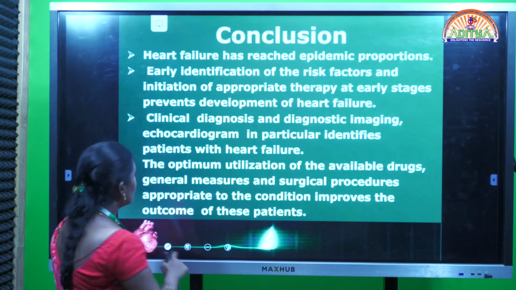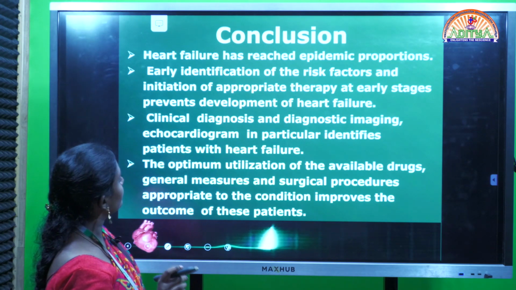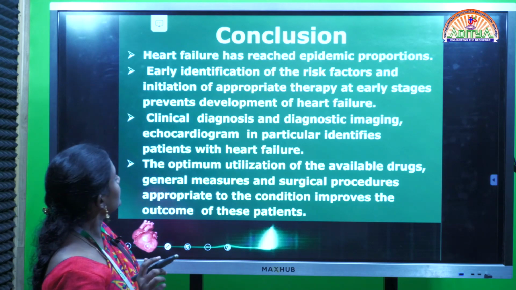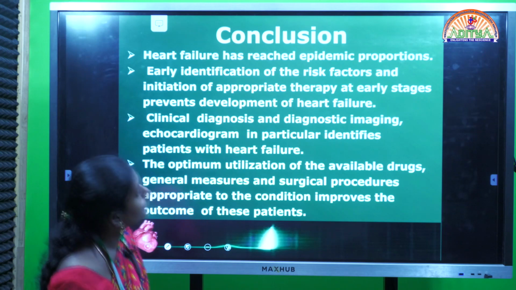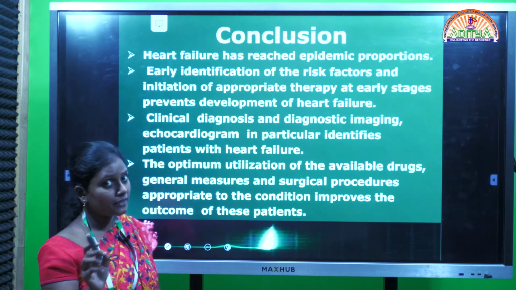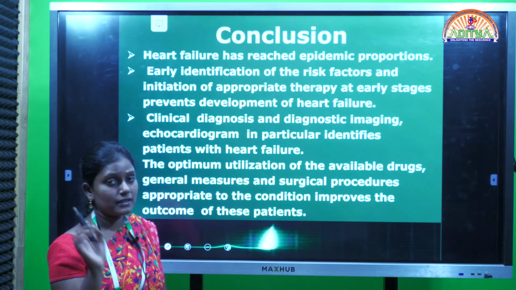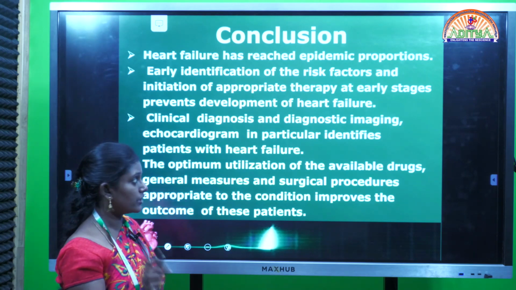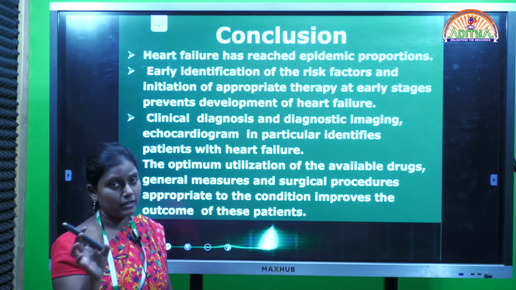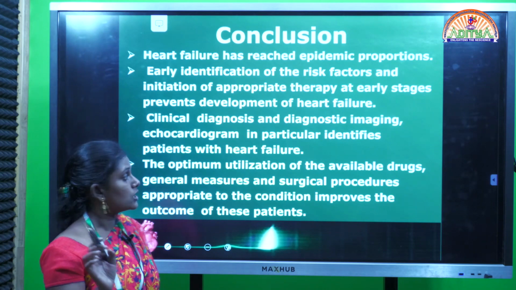Whereas coming to the conclusion, here especially you have to be very careful, like we have to diagnose frequently. See, heart failure has reached epidemic proportions, right? Early identification is very important. If you identify CHF at an early stage and take proper therapy, proper treatment with the proper drugs in the starting stage, then definitely this can be prevented.